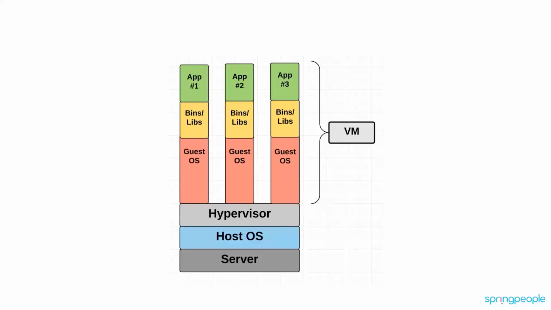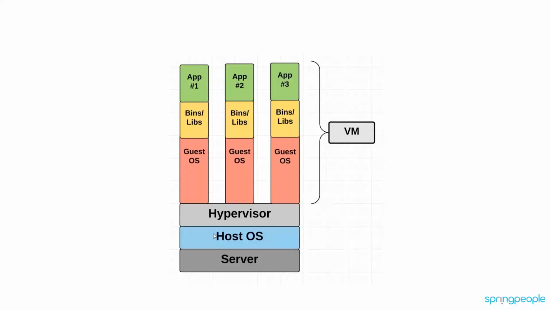Typically in a deployment, we have the bare metal server, and on top of the bare metal, we have the host operating system. The host operating system can be your Linux operating system, whether it is Ubuntu, Red Hat, CentOS, any of these.